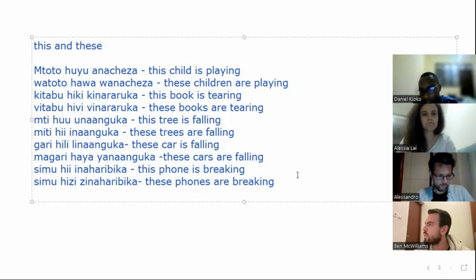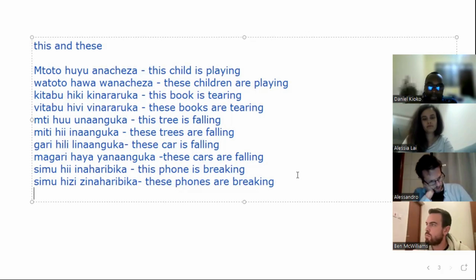Yes, Ben? And the principle of this and these is that there's a fixed this or these for each noun class, and you have to use that one. That's basically yes. When you are doing the this and these, you just have to know how it works.